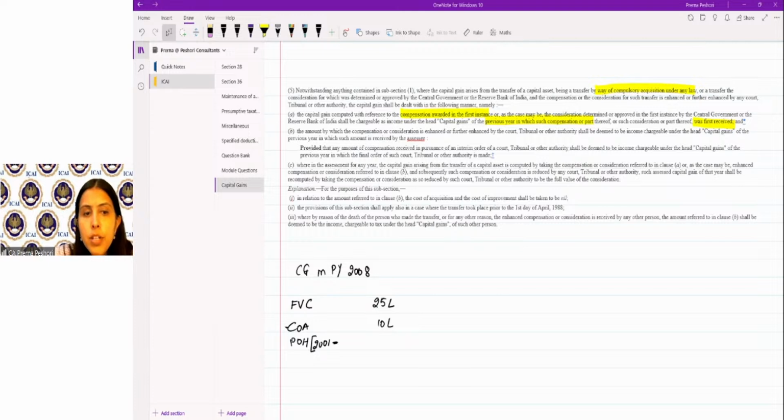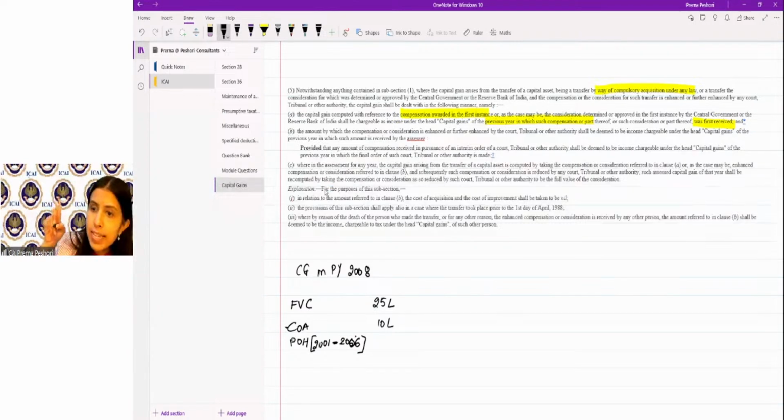So period of holding will be till it was a capital asset held by me, because it says capital asset held by the person. So here I've held it till 2006, after which it was taken over. So period of holding till 2006.